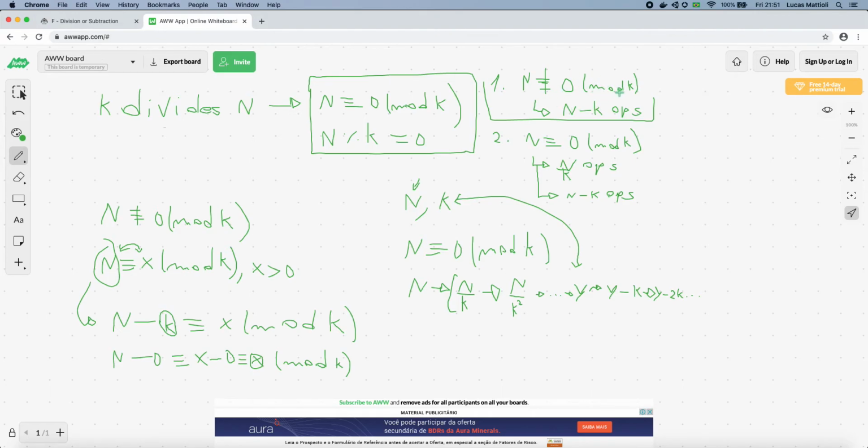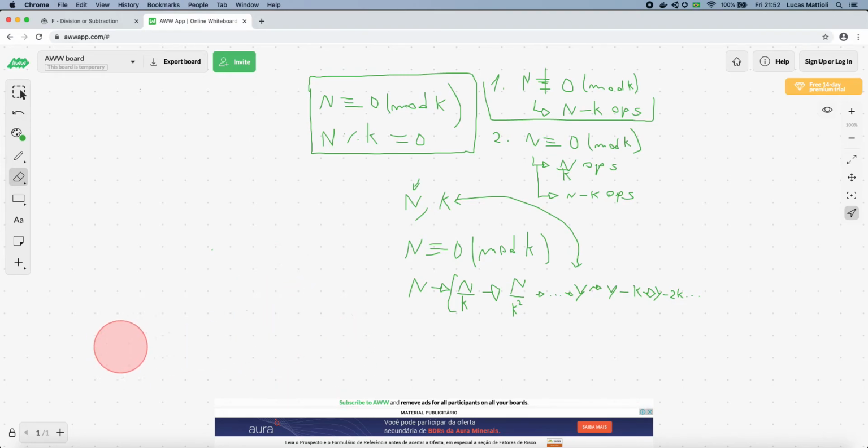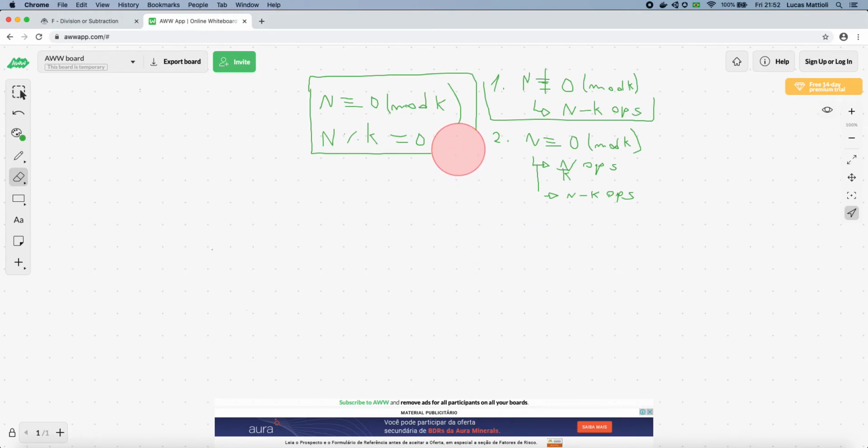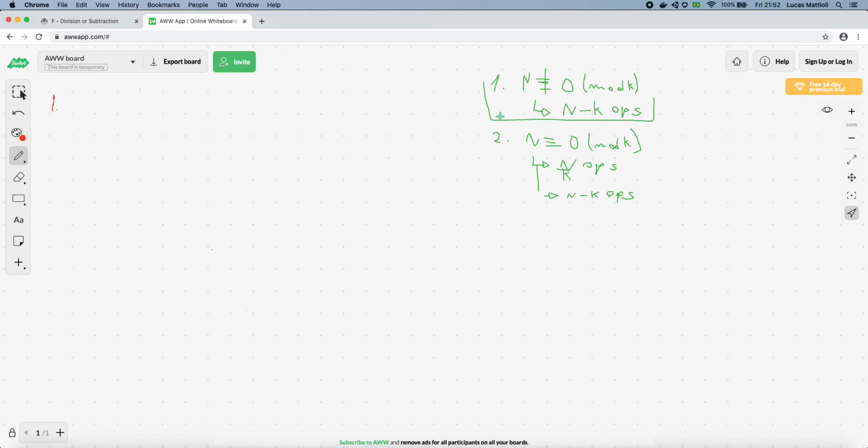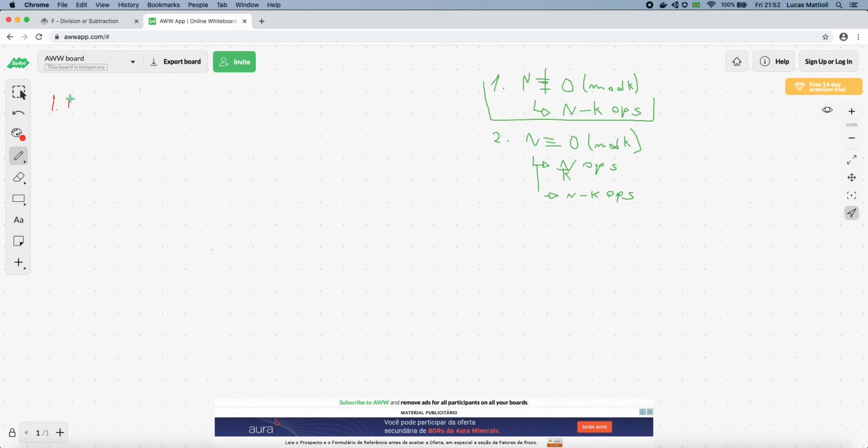I'll just erase here to make it simple. So for the first case, we want to find some k such that we'll do the operations from n to n minus k to n minus 2k, and so on until some n minus x multiplied by k, which needs to be equal to 1.